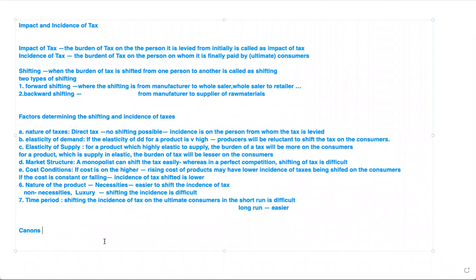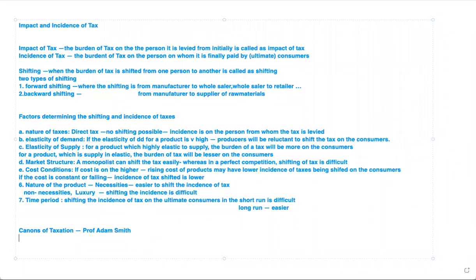Canons, see the spelling here, canons of taxation was first given by Professor Adam Smith. Okay. Canons का मतलब है certain maxims या principles बोलते हैं ना वो. We've already seen some of them when we were discussing tax, but we will see more now. समझ में आ रहा है class? Yes, ma'am.